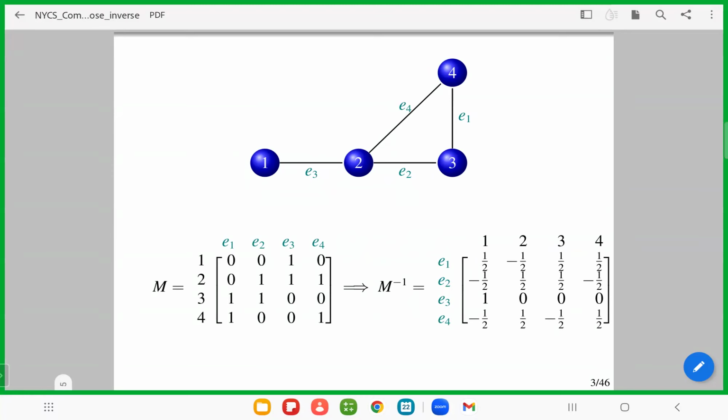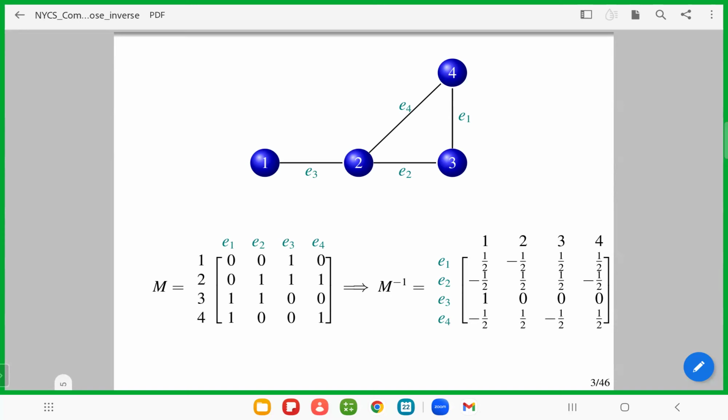Try to guess what these entries say about the graph. I'll give you a second to think about it. Maybe look at edge 1, which corresponds to the first row of M inverse. You can see that the entries are 1/2 and -1/2, right?